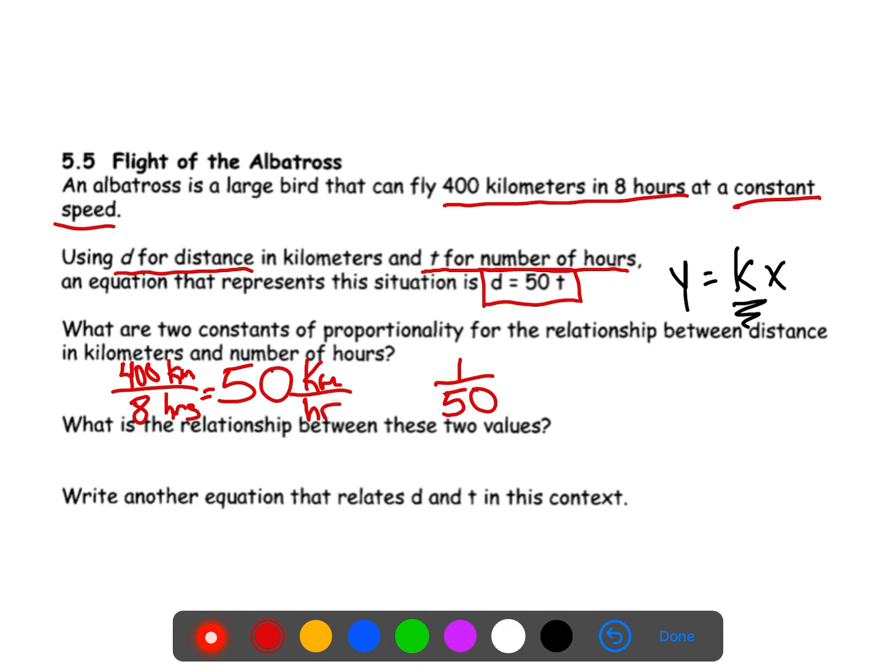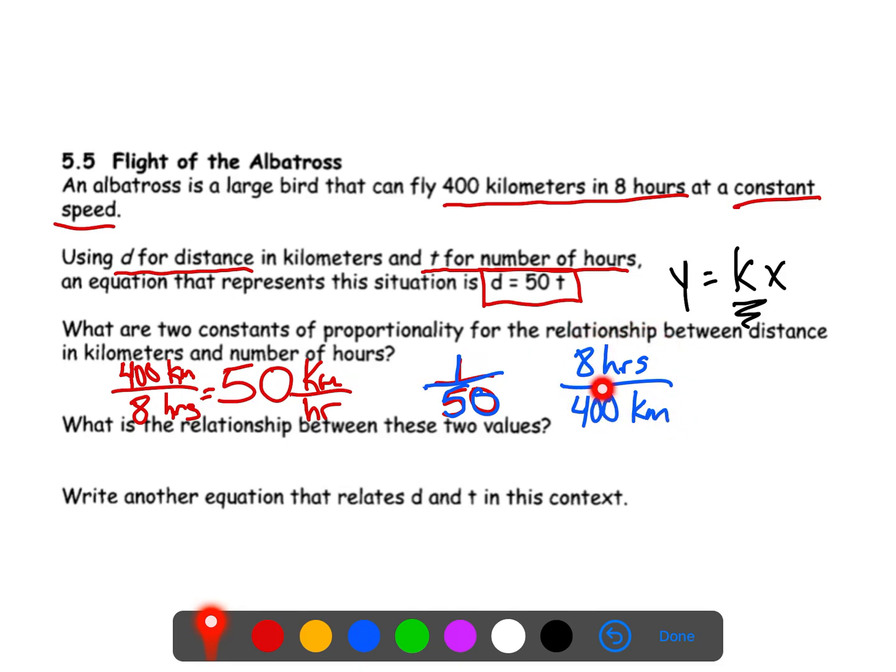But now let's look at it differently. Here I have 1 over 50. If I were to reverse the direction of this ratio like we did in the tables on the last question, and if I were to write 8 hours over 400 kilometers, so I've taken this ratio and written it the other direction.